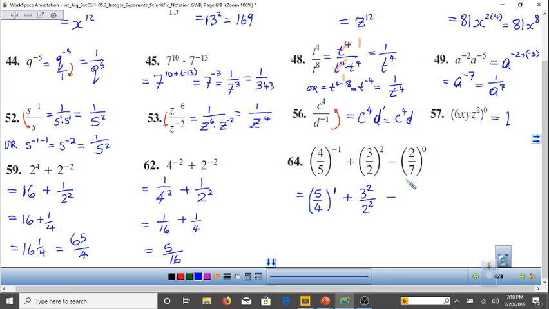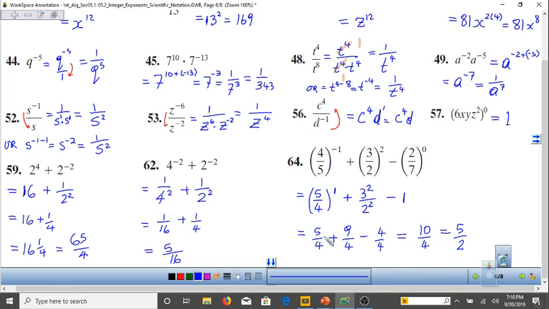And then minus 2 over 7 to the 0 is just minus 1. So we have 5 over 4 plus 9 over 4 minus 4 over 4. So 5 plus 9 is 14, minus 4 is 10. So we have 10 over 4. 10 over 4 is the same as 5 over 2.